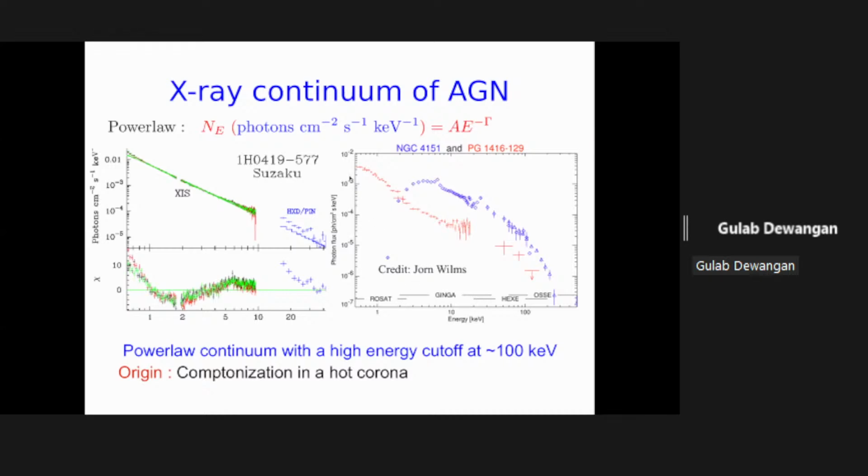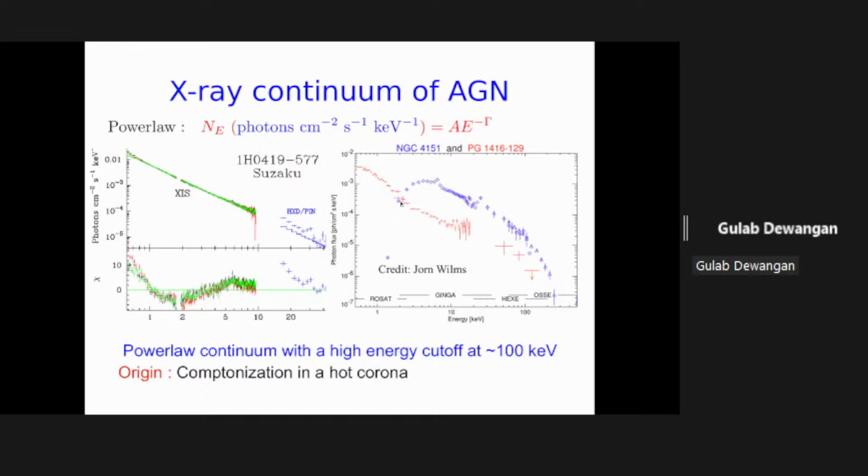In such a plot, when we are plotting in log scale, a linear line is like a power law in linear scale. If you see this X-ray spectrum, the red line looks approximately like a linear relation here. That means that X-ray radiation is essentially dominated by a power-law component. Of course there are some departures, and there can be many departures which I'm not showing here.